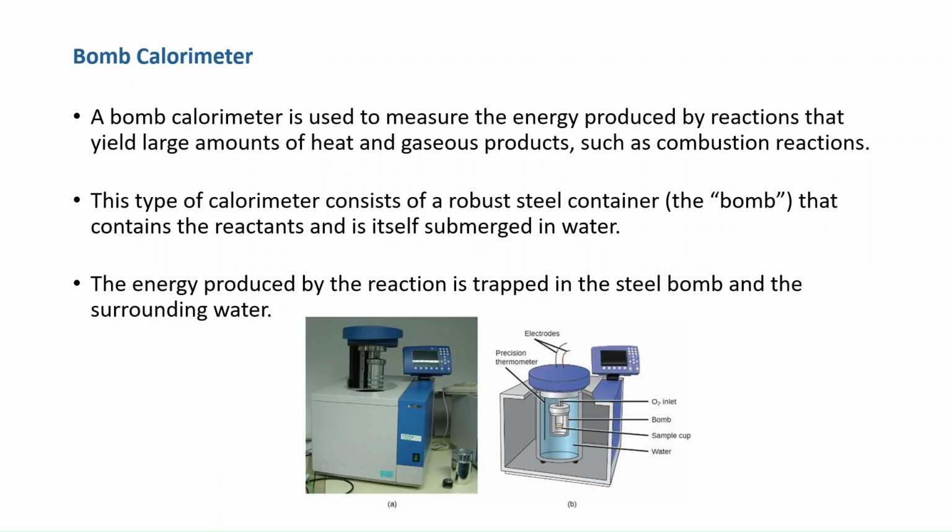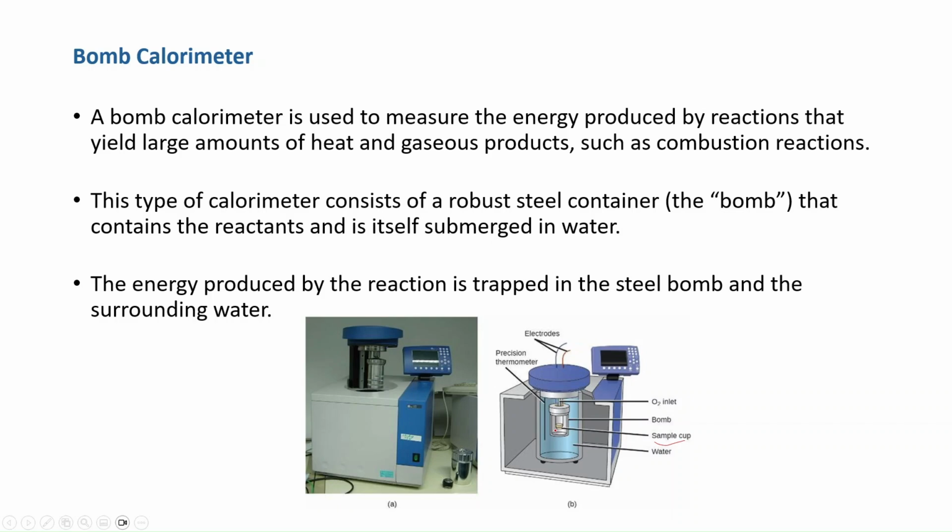I want to mention the bomb calorimeter. It is used for reactions that yield either a lot of heat or gaseous products, and it's used a lot to determine the calories in food. If you're going to produce gaseous products, obviously you can't have a flame in here. So you put your sample in here, and you use electricity.